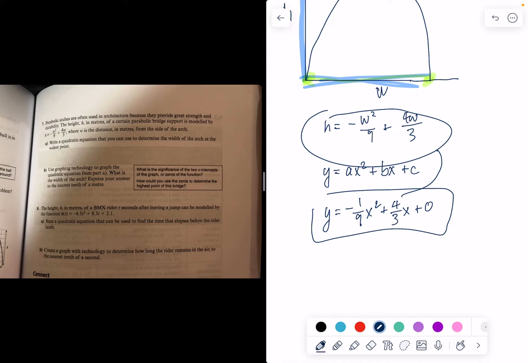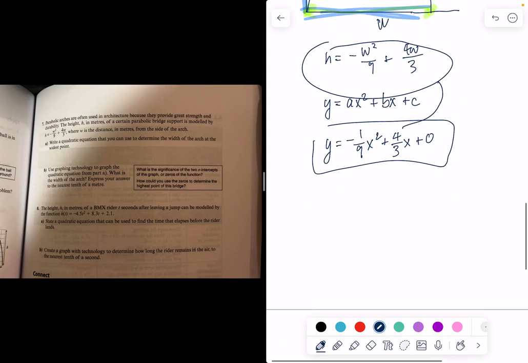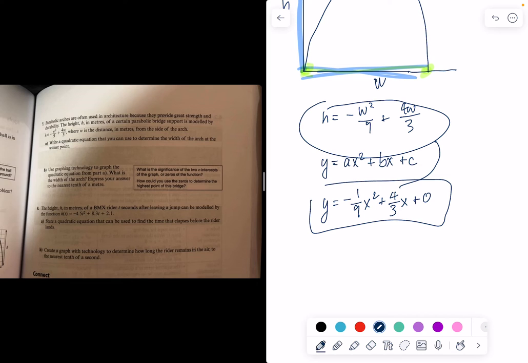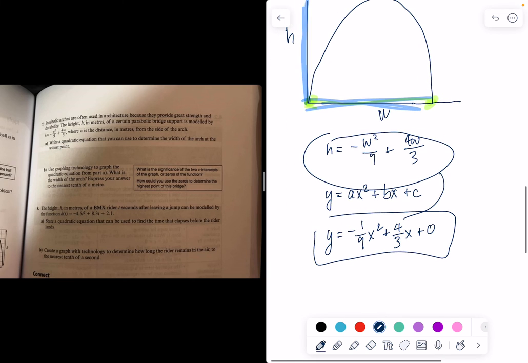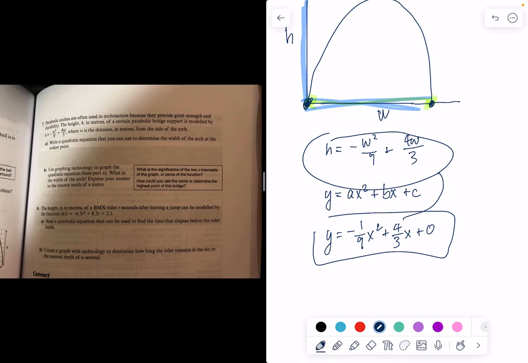Now, how would we determine the width of the arch? This is basically the same concept as question 6. You find the x-intercepts, where the height is 0, so you're just finding from here to here.